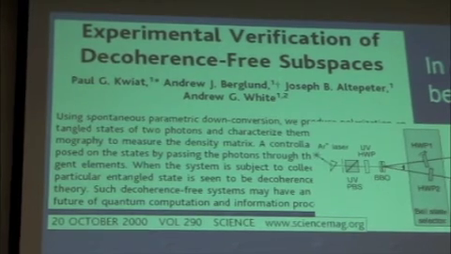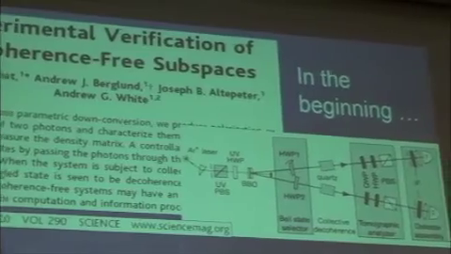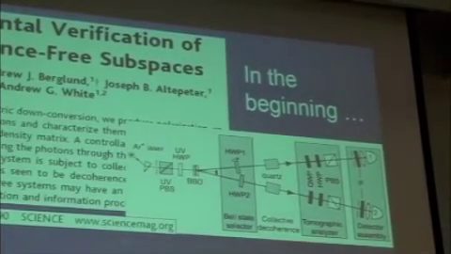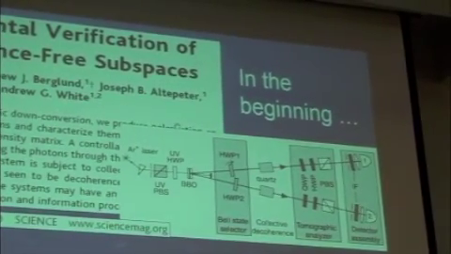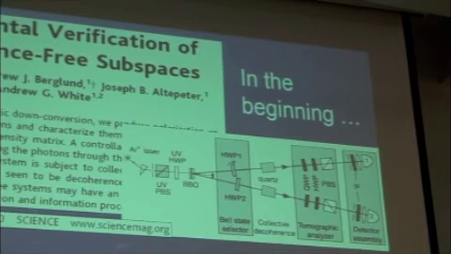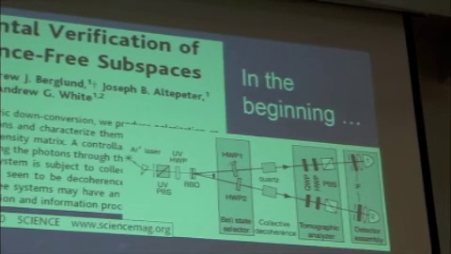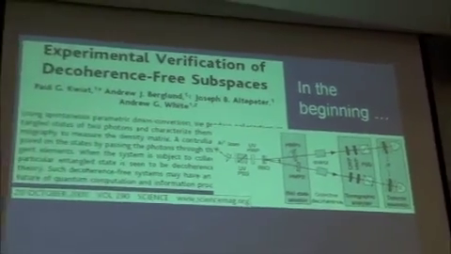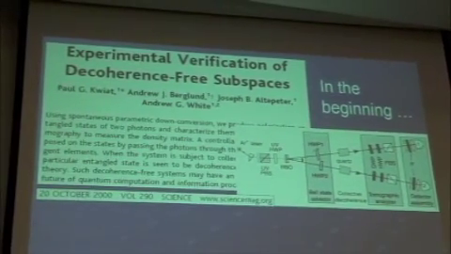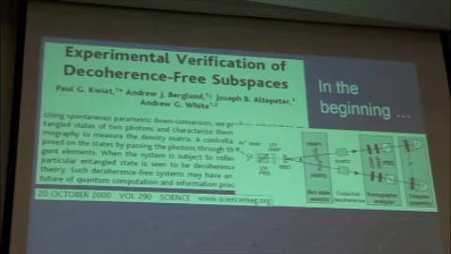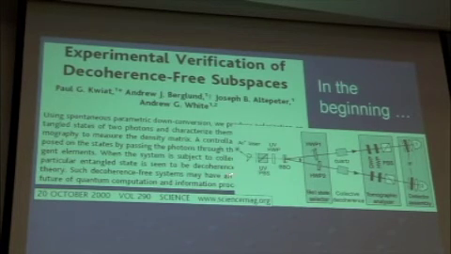So here is the scheme of the experiment. This is a 2-qubit or 2-photon experiment. And the goal is to generate the singlet state, this state right here, and to show that it is robust against collective decoherence. Okay, so here is the photon source. You get 2 photons coming out of this parametric down conversion process.